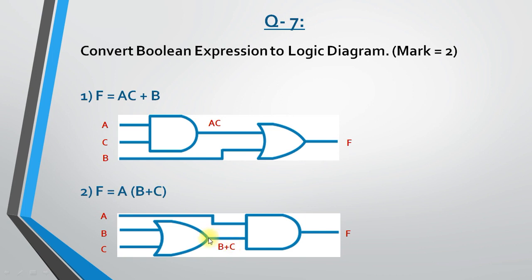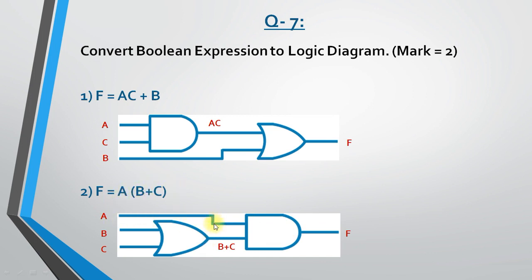Now it's time to represent A into (B plus C). B plus C I get over here. What is my next requirement? I need to pass it to the AND gate. Why AND gate? Because over here A into (B plus C) is there. B plus C I have already got, so as an input signal I need to pass B plus C into the AND gate, and as an input signal A directly I need to pass inside the AND gate, and finally I will get output signal F, which means A into (B plus C).